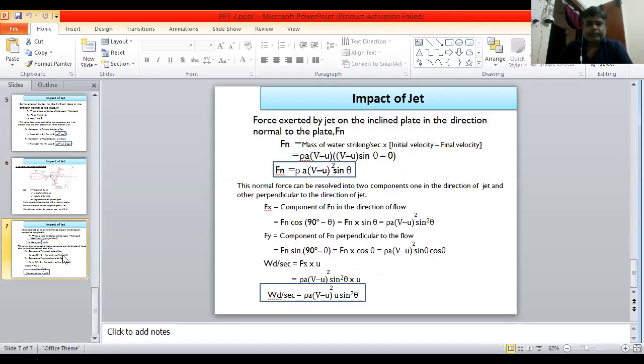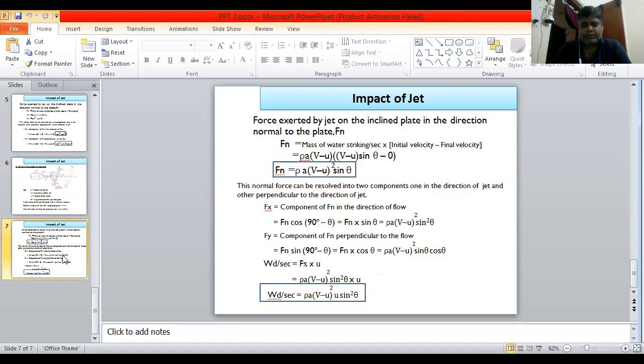Now, the force exerted by the jet on the inclined plate in the direction normal to the plate, Fn, is equal to the mass of water striking per second into initial velocity minus final velocity, that is rho a (v minus u) times ((v minus u) sin theta minus 0).